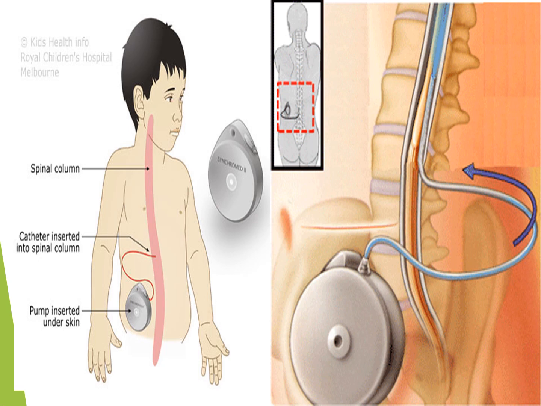Here you can see the spinal column, and then of course the catheter that's being inserted into the spinal column, and the pump that's inserted under the skin as well.